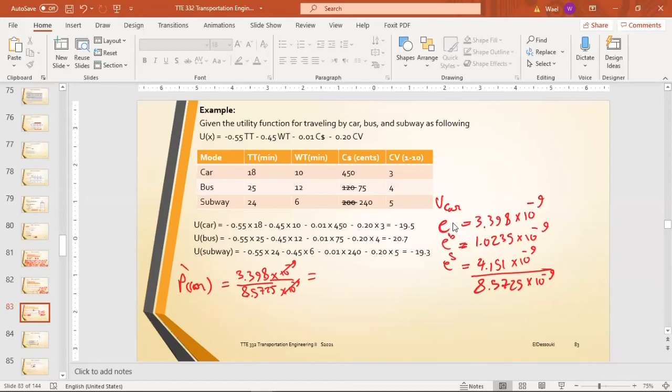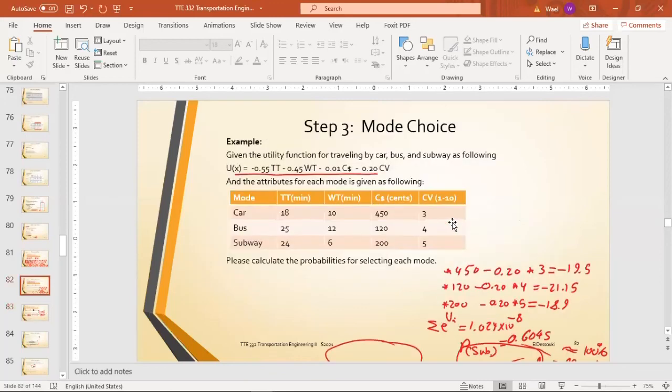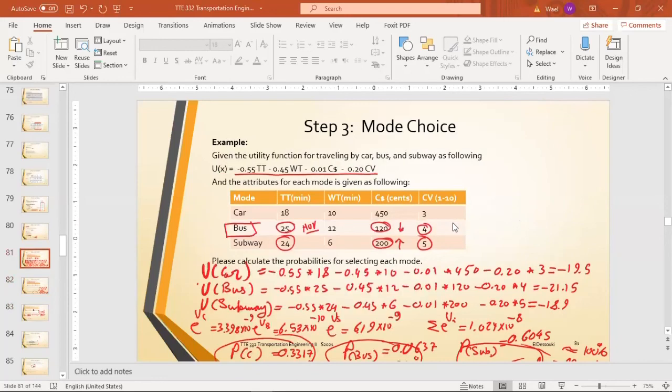So this one now is 0.396, which is 39.6%. What was the previous value?